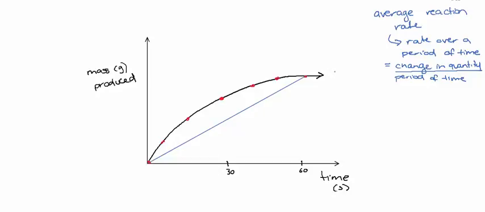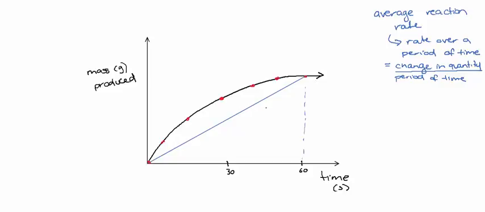So this can be done by picking any 2 points. So in this example here, if we took the initial mass of the product, which was 0, and then we pick the mass that's been recorded after 60 seconds, we're going to be able to calculate the average rate over the first 60 seconds.